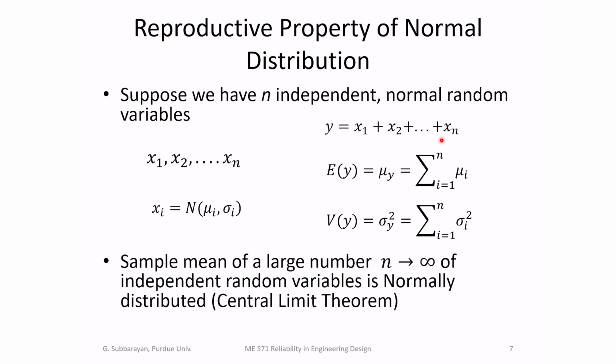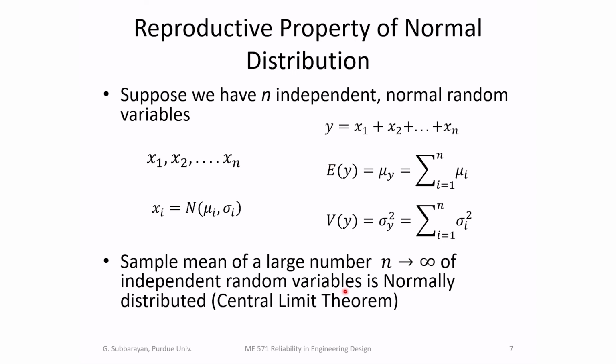Let's assume x1 and x2 are independent. Then the expected value of y, the sum, is the sum of the expected values of each individual normal distribution. Therefore, this also turns out to be normally distributed, and that property is called the reproductive property of the normal distribution. The variance, as we know, sigma y squared, is the summation of the variances of the individual normal distributions.